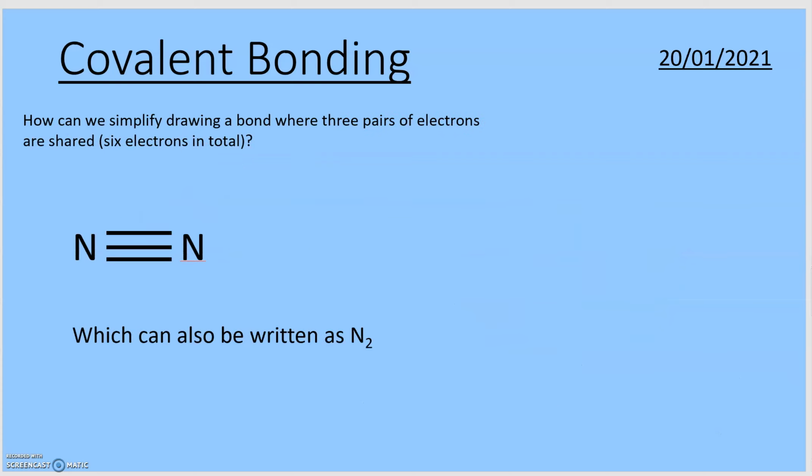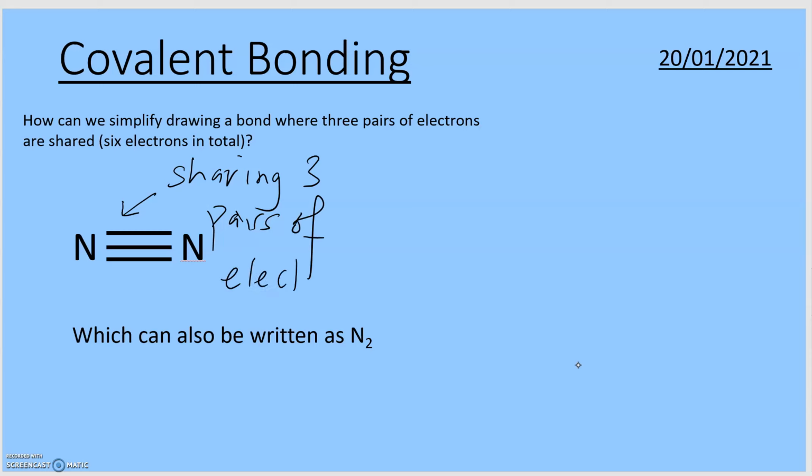That is nitrogen. Now, nitrogen has 3 lines, meaning it's sharing 3 pairs of electrons.